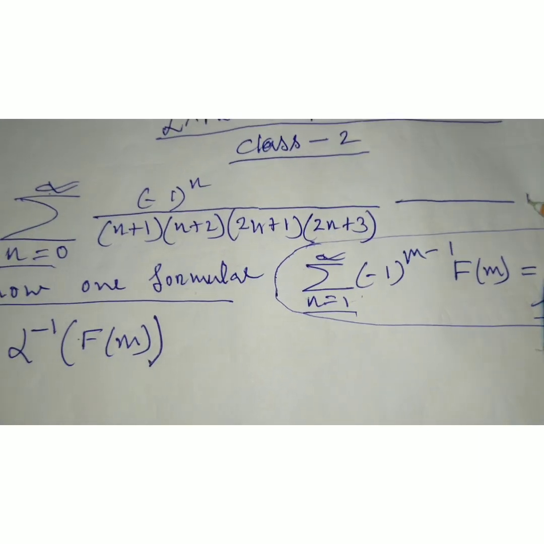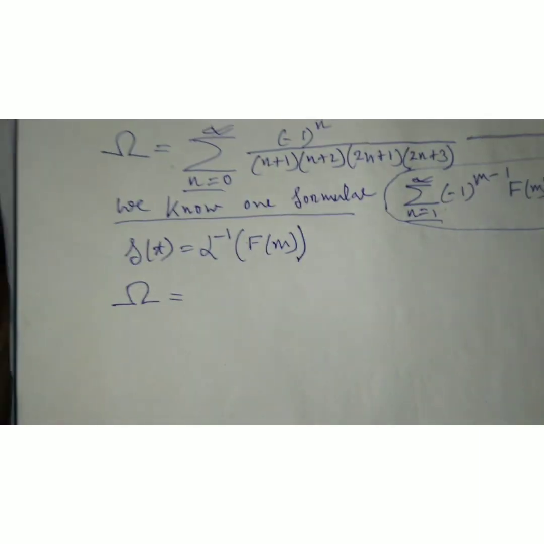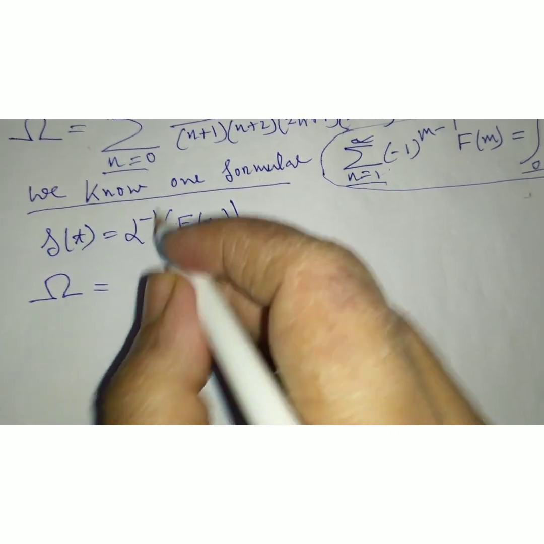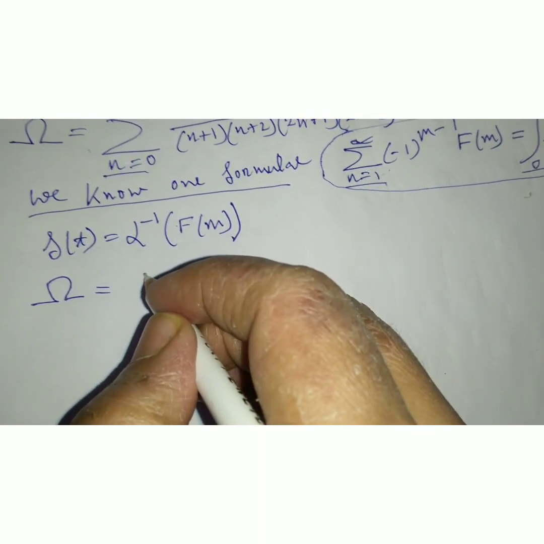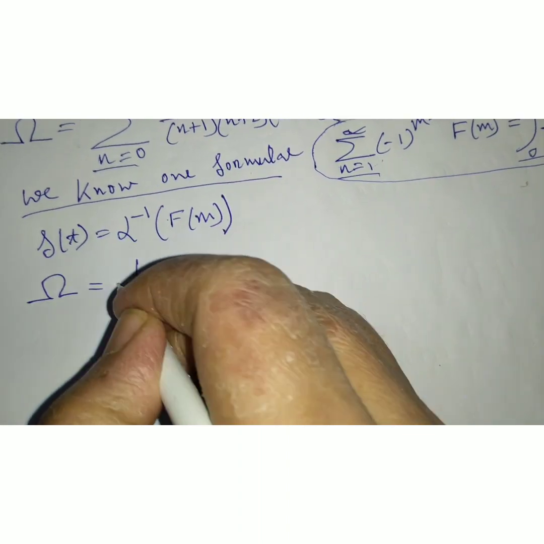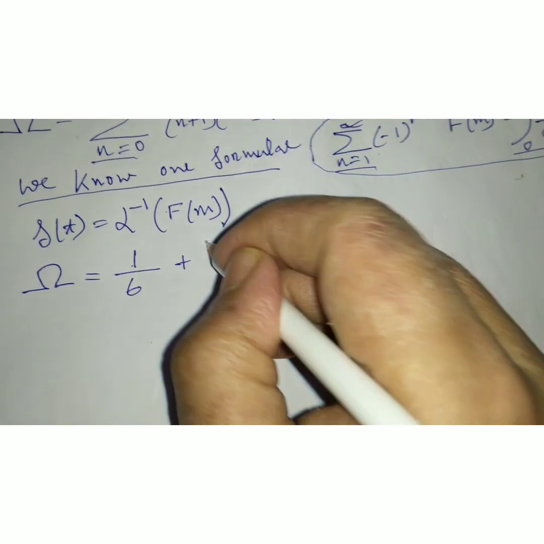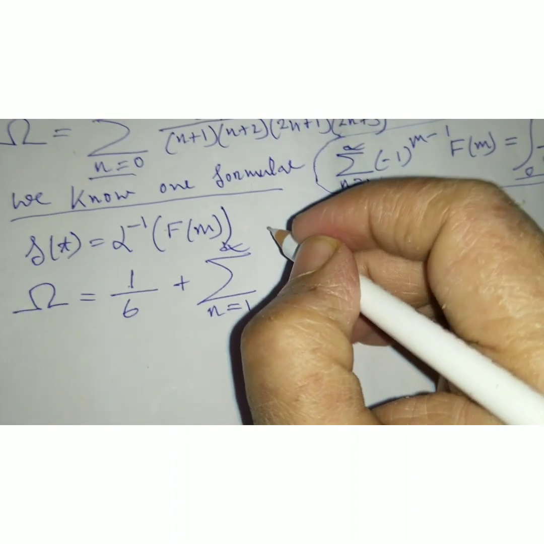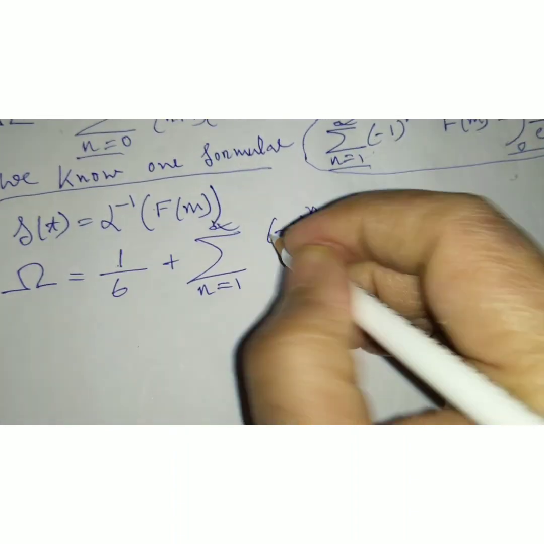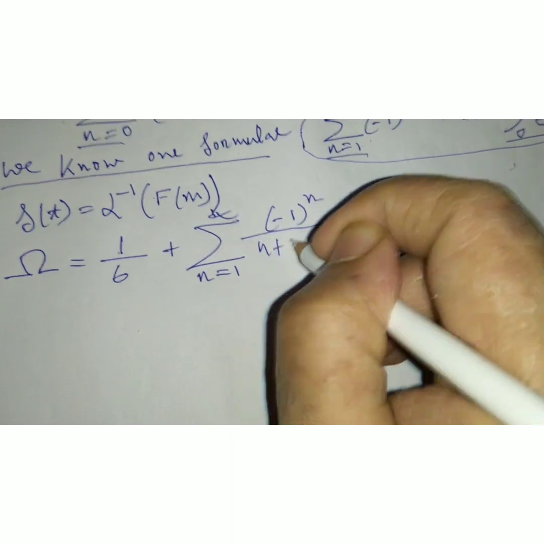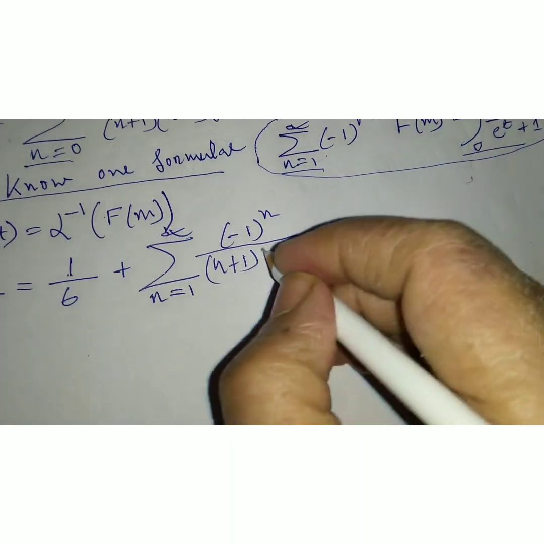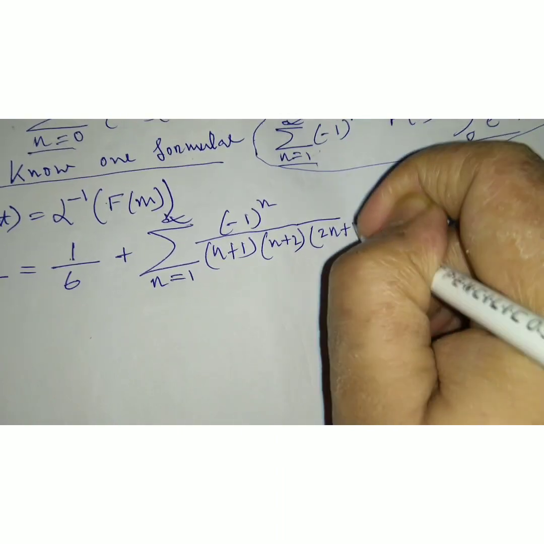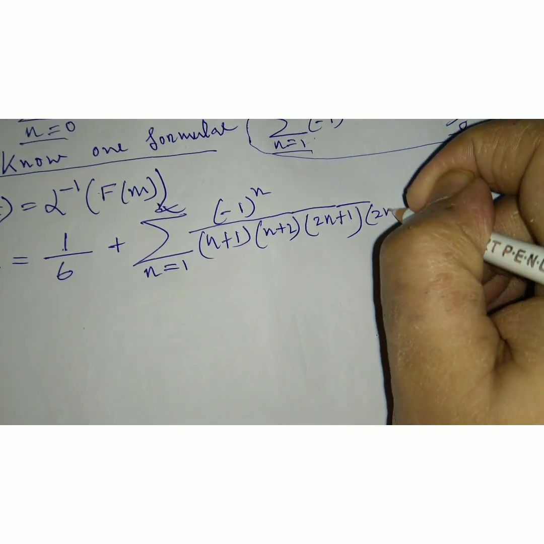If n equals 1, then it will be 1 by 6 plus summation n equals 1 to infinity of minus 1 to the power n divided by (n plus 1) into (n plus 2) into (2n plus 1) into (2n plus 3).